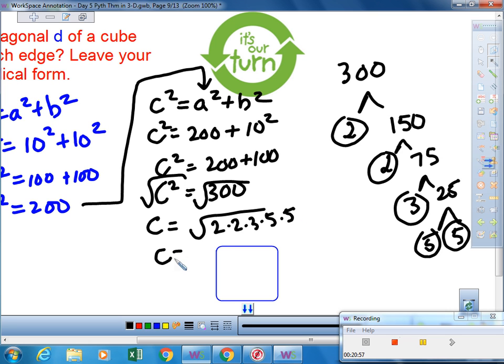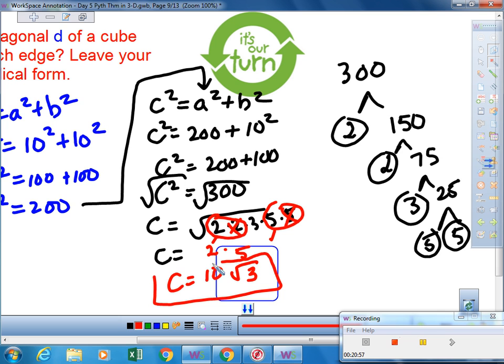So C equals, here's my 2 equal factors. Take 1 out, get rid of 1. Here's 2 equal factors. Take 1 out, get rid of 1. So 2 times 5 is 10, and then what's left is square root of 3. 10 times the square root of 3 is your answer. Not too bad, right?